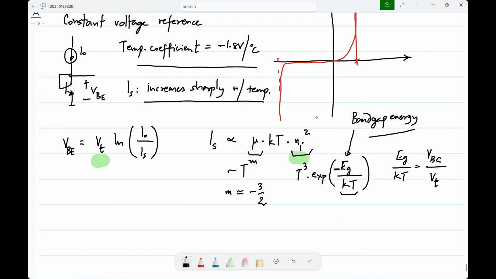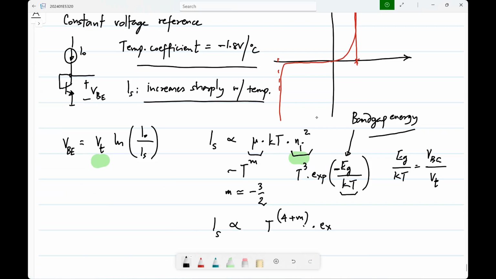So now, if you put everything together, this IS will be proportional to, first of all, you have T cubed here, T there, and T to the m there. m is negative, but whatever it is, it is there. So you have that, okay?